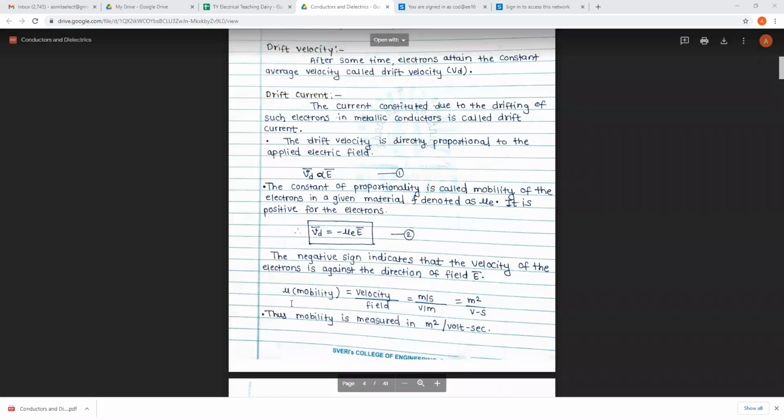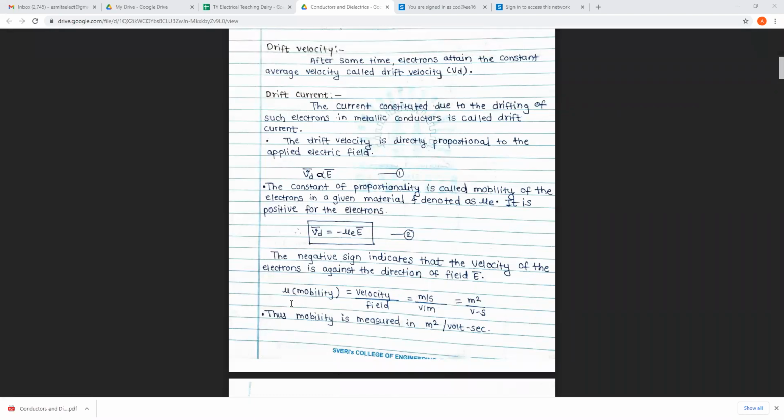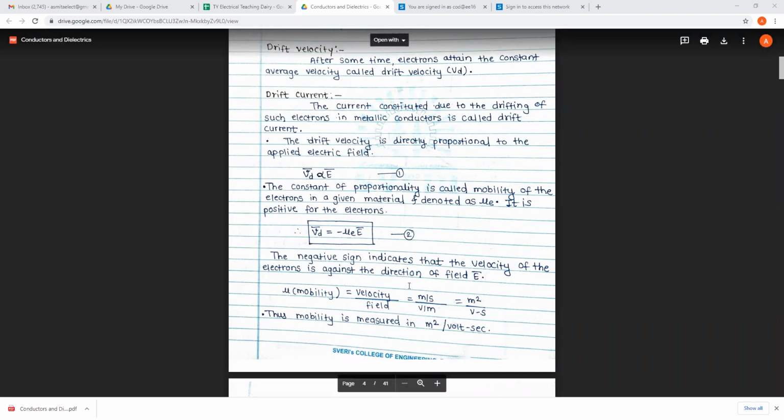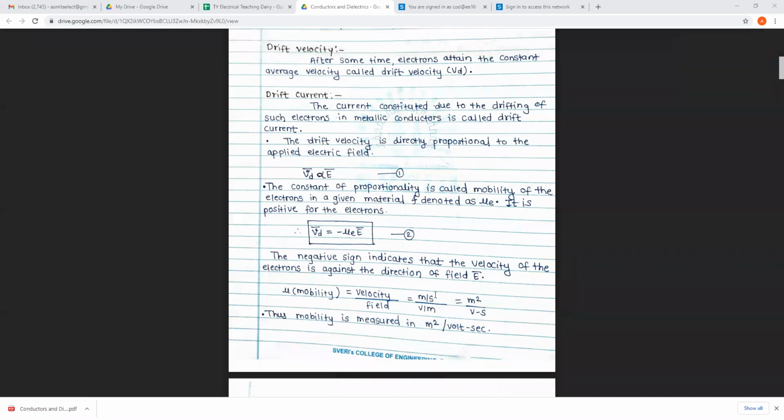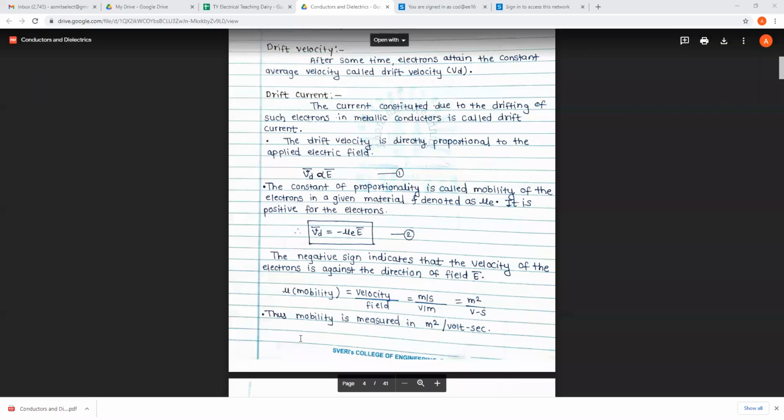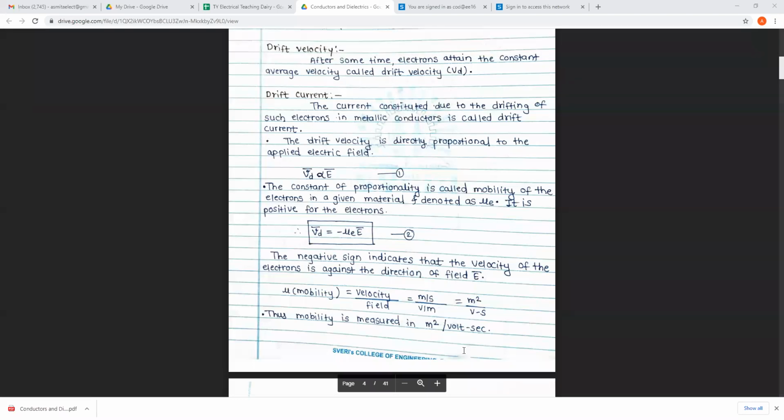So this mu is the mobility, which is the velocity upon field. This velocity is measured in meter per second, and the electric field intensity is measured in volts per meter. So its unit is meter square per volt second.